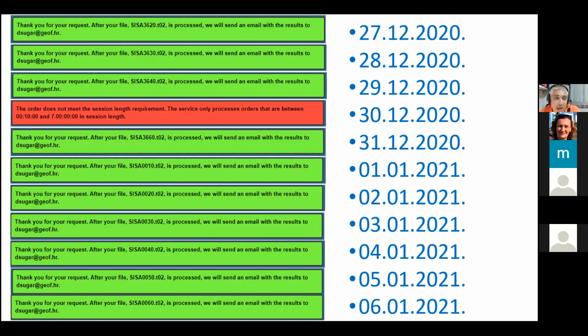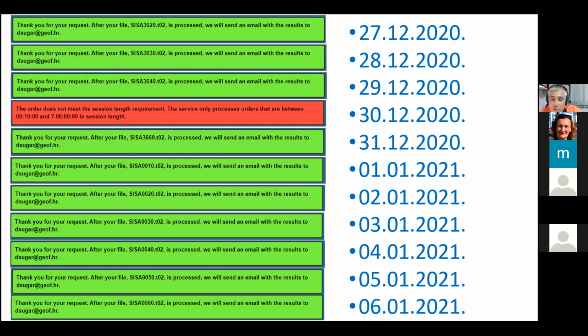data. And indeed, as you can see in this red box, it says that the order does not meet the session length requirement. The service only processes orders that are between 10 minutes and 7 hours in session length.